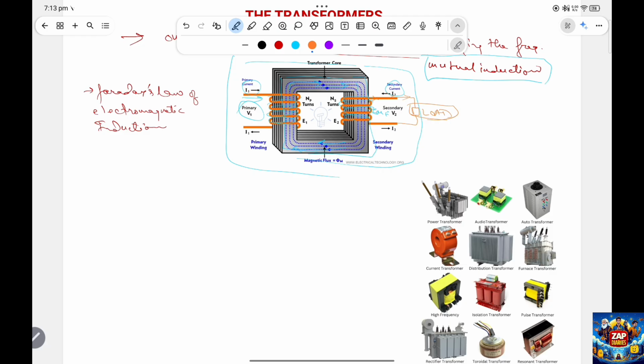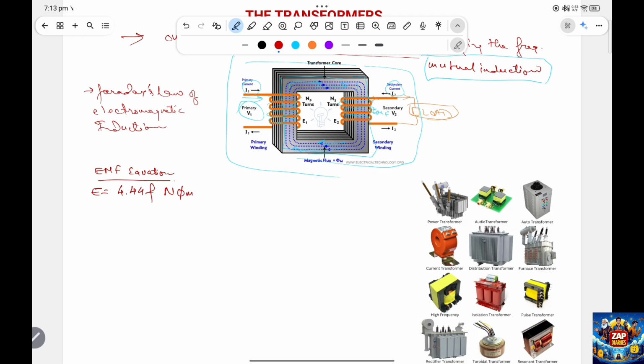Okay, so what is the EMF equation? The EMF equation is given by E equals 4.44 f N phi m.